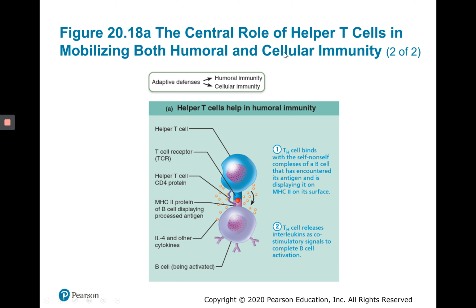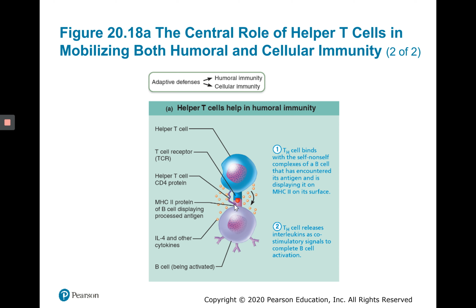So here in figure 20.18, we're looking at the role of helper T cells in mobilizing the humoral and cellular immunity response. In part A, we're looking at its role in humoral immunity. And the role in humoral immunity is the activation of the B cell. Here we have a B cell displaying its processed antigen, and it's displaying that to a T helper cell. We have a CD4 protein that is co-stimulating this B cell receptor.